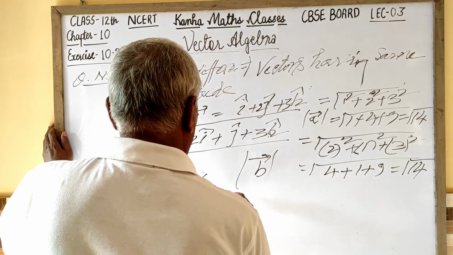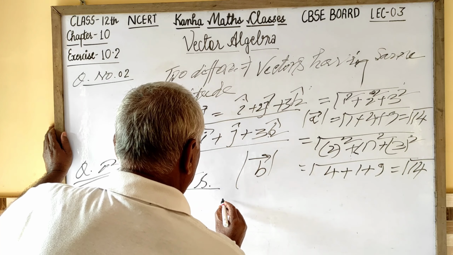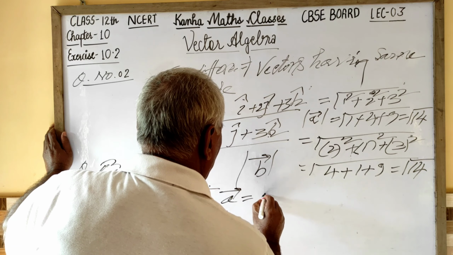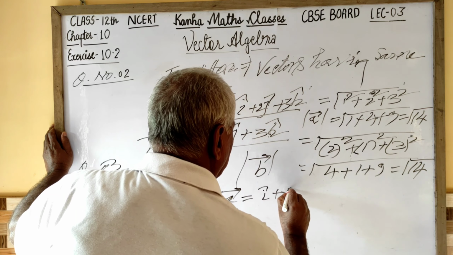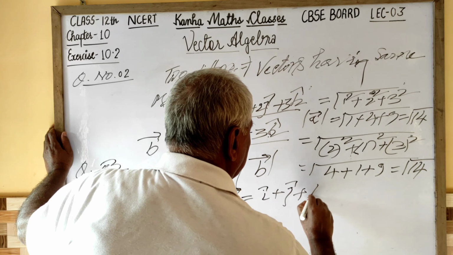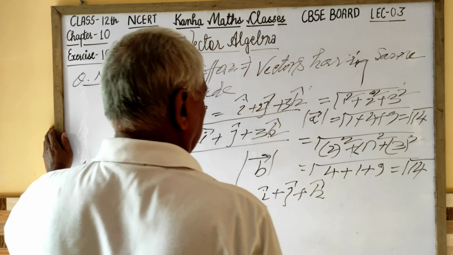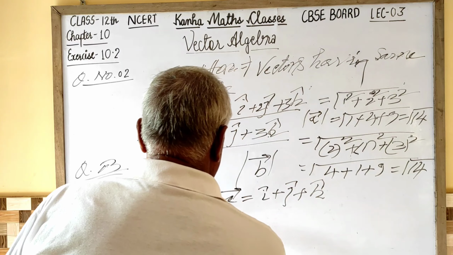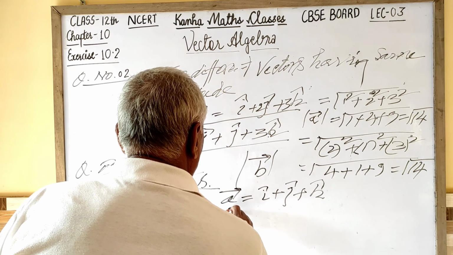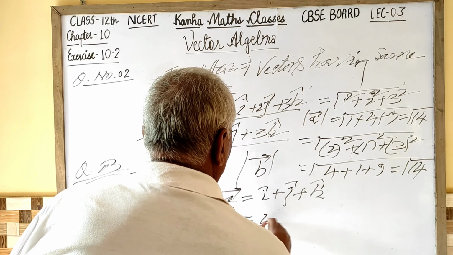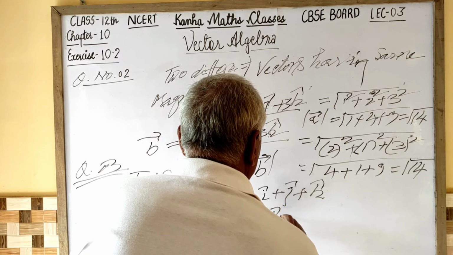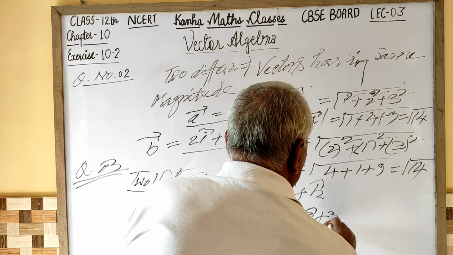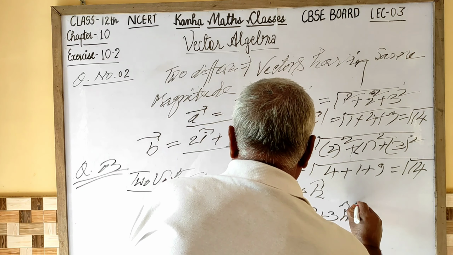We may see here, vector A is equal to i plus j plus k, and vector B is equal to 2i plus 2j plus 3k.